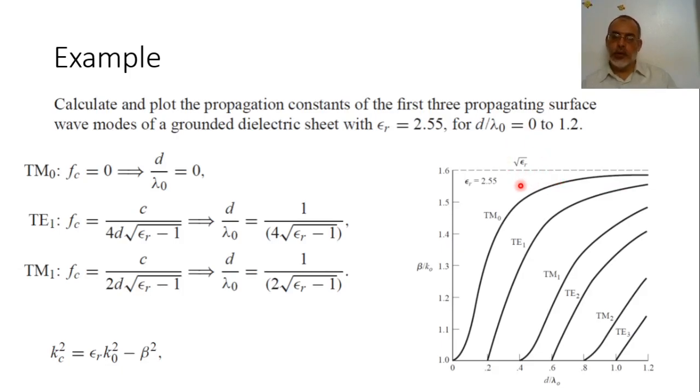As the frequency increases, because d over lambda naught on this axis means increasing frequency, or as the thickness of the dielectric medium increases, the propagation constant of the surface wave mode has the limit of the propagation constant of the dielectric slab itself.